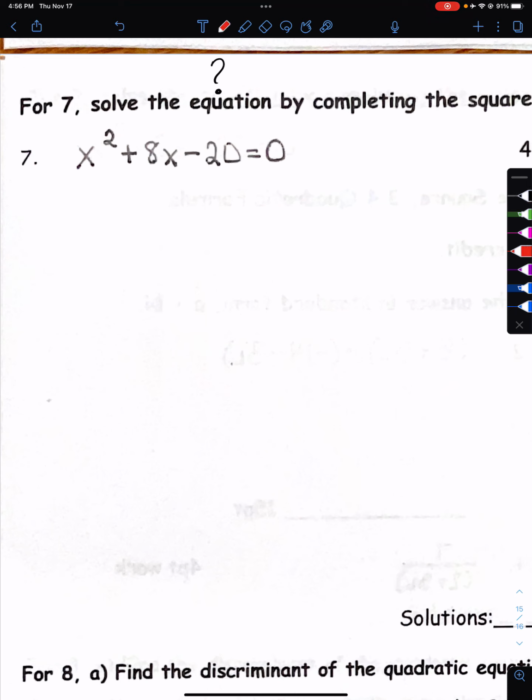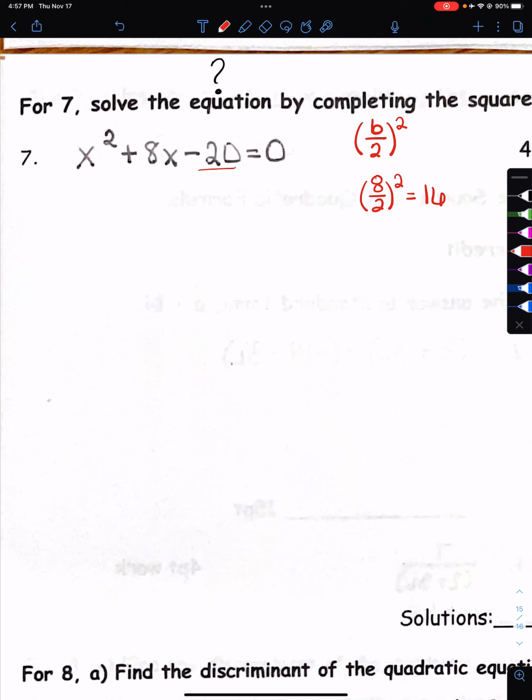Whenever we're completing the square, we are going to start with b divided by 2 squared. We need to know what that value is because that's what makes it a perfect square trinomial. So b divided by 2, so I have 8 divided by 2 squared. That gives me 16. Is our C term 16? Nope, it's negative 20.